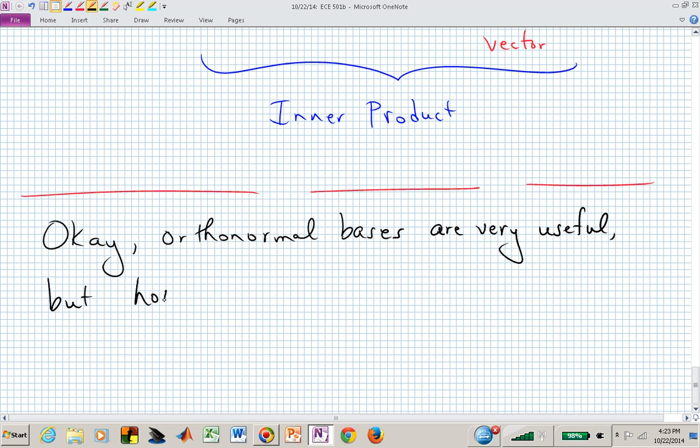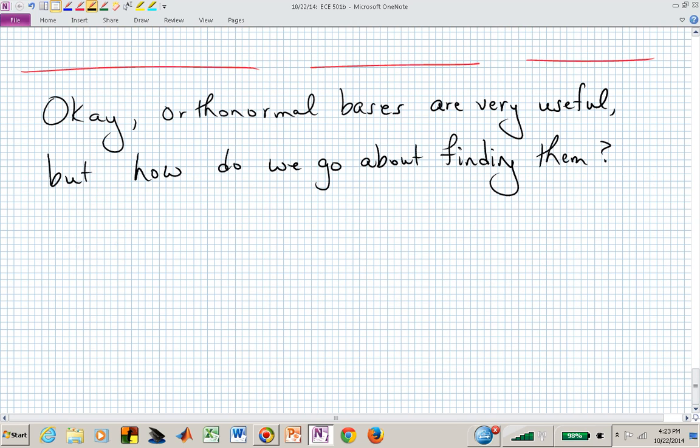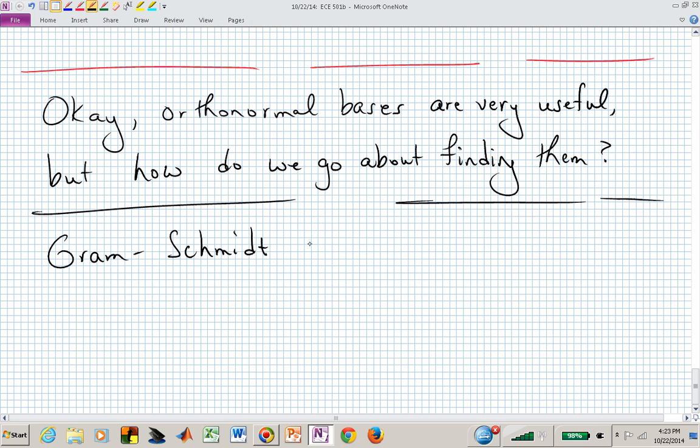But now you might be wondering, how do we go about finding or producing them? And that's where Gram-Schmidt comes in. Here is our Gram-Schmidt orthogonalization.